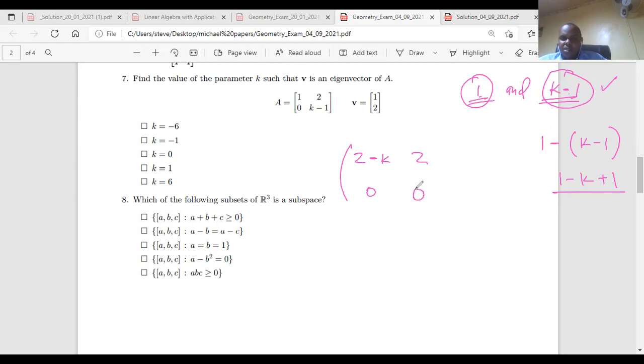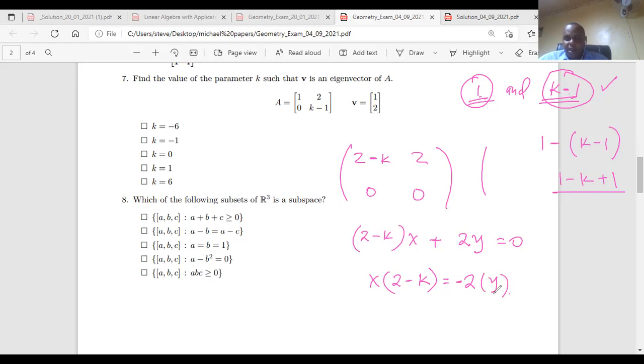Okay, 2 minus k is 0. And then 1, 2. So 2 minus k times x plus 2y equals 0. This means 2 minus k times x equals negative 2y.